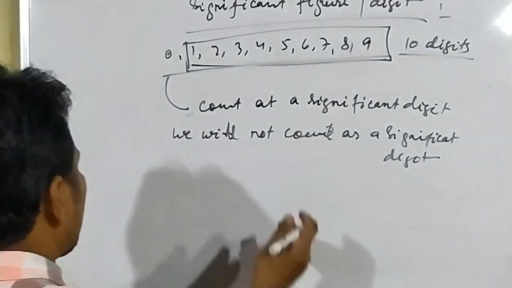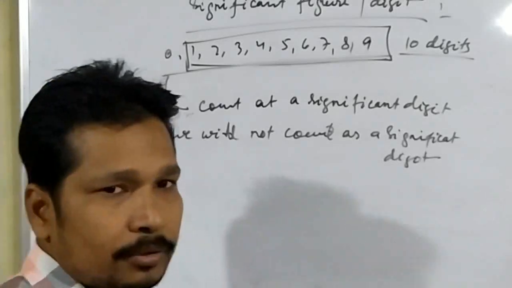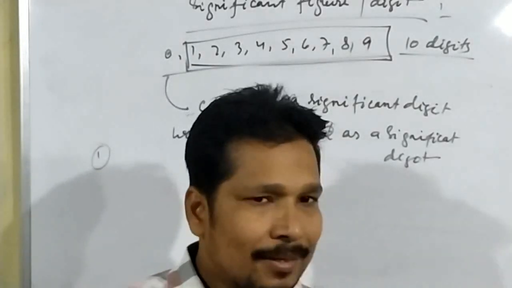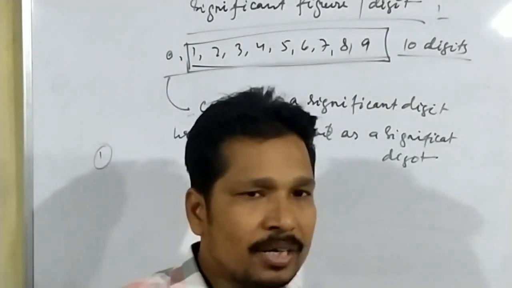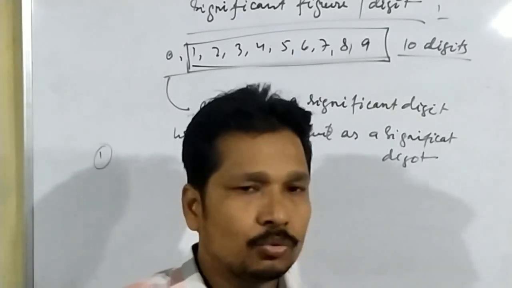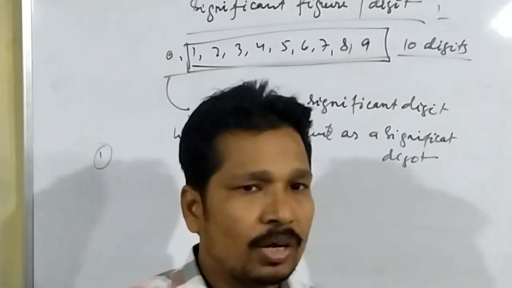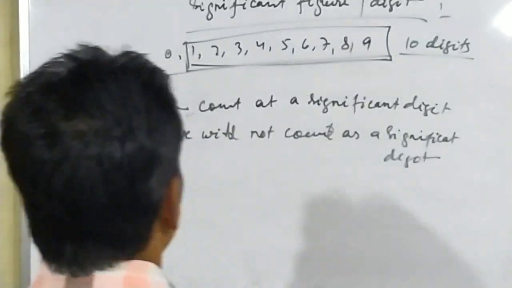Okay, so first condition: when 0 is present at the left side, or a number starts with 0, then we do not have to count the 0 as a significant digit.